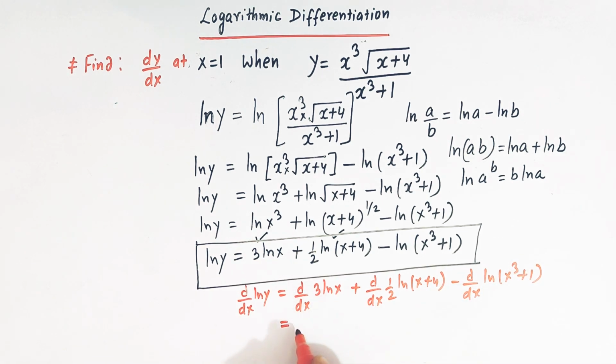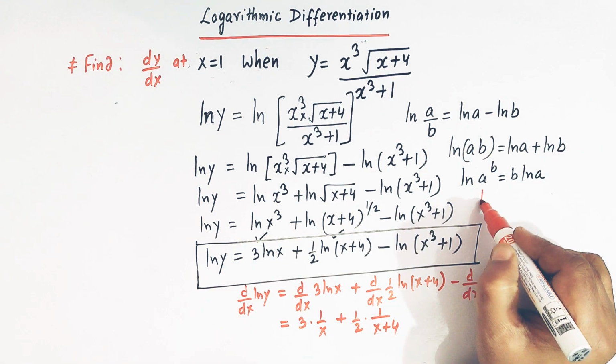Now 3 is a constant, we can take it outside, and the derivative of log x is 1 over x, and here again we have half constant, taking it outside the derivative, that is the operator d by dx. We have half. The derivative of log of x plus 4 is simply 1 over x plus 4, right?